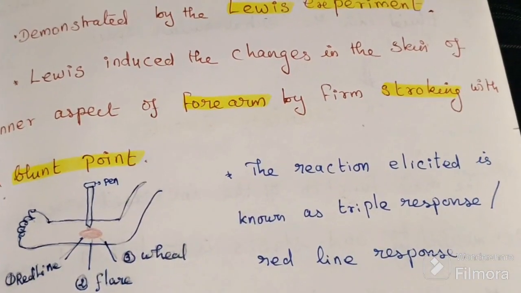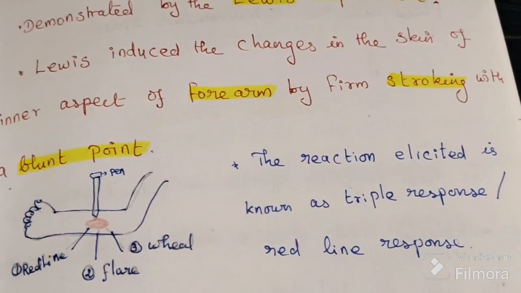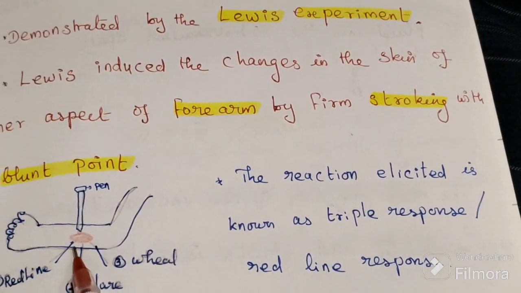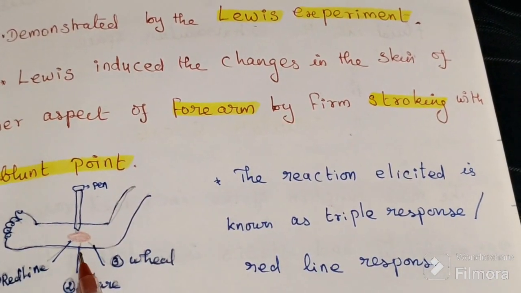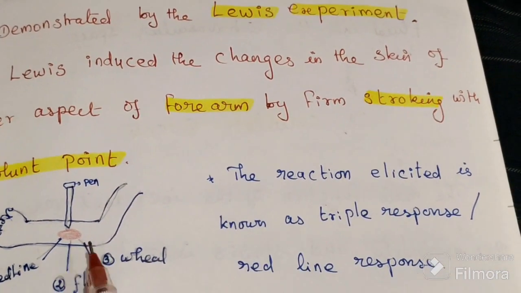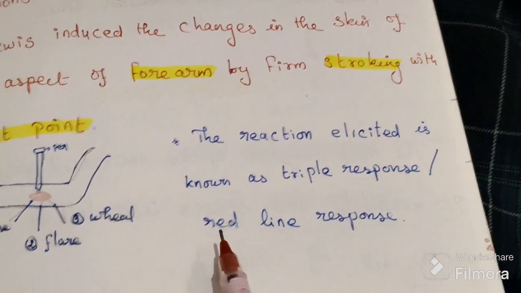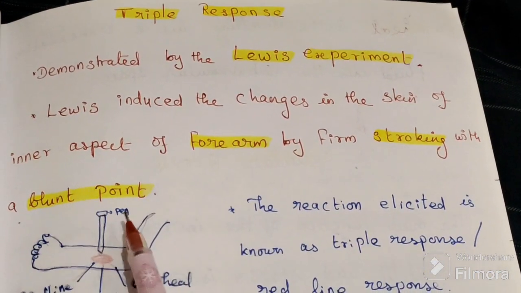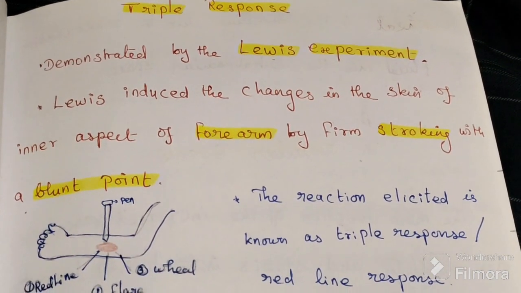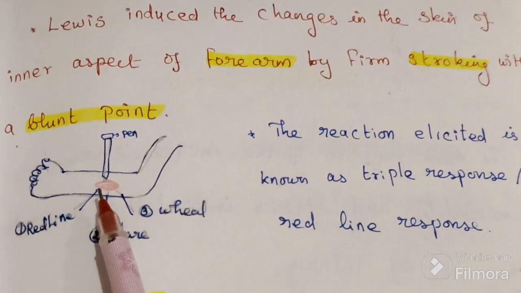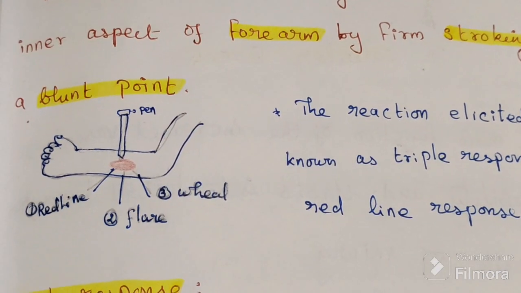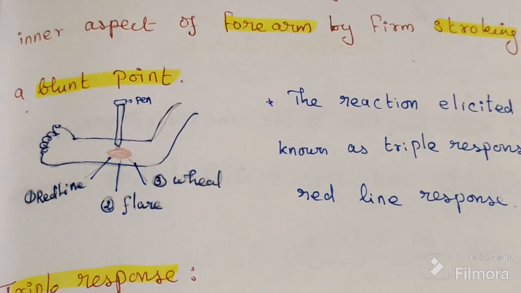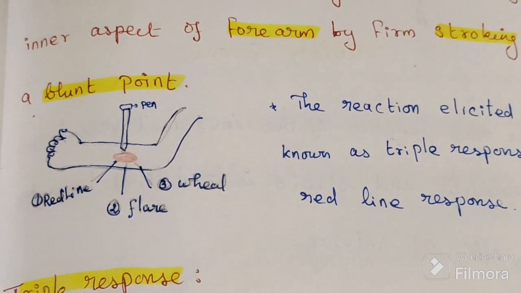Here is what he did: take a pen or pencil and stroke a blunt pointed object on the forearm. It causes injury, a physical injury. You note three things here.